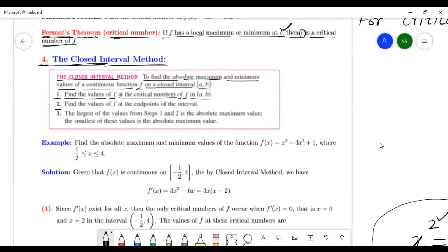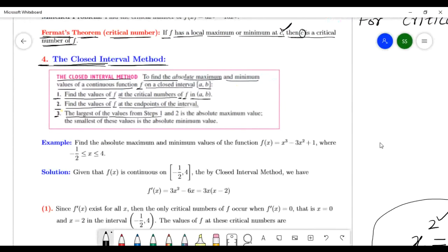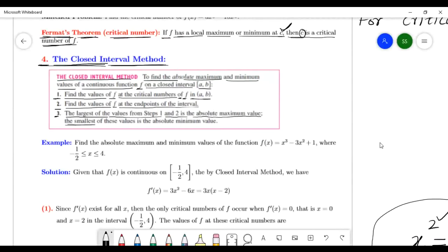Number two, find the values of f at the endpoints of the interval. Number three, the largest of the values from steps 1 and 2 is the absolute maximum value, and the smallest of these values is the absolute minimum value. So these are the steps.